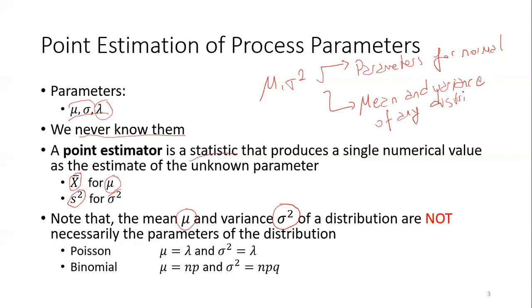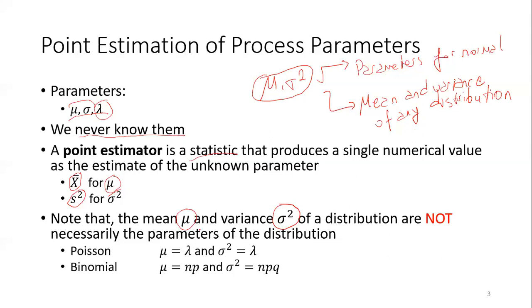The normal distribution is so powerful that we just use the notation of its parameters, which are mu and sigma square, as the notation for the mean and variance of any distribution.